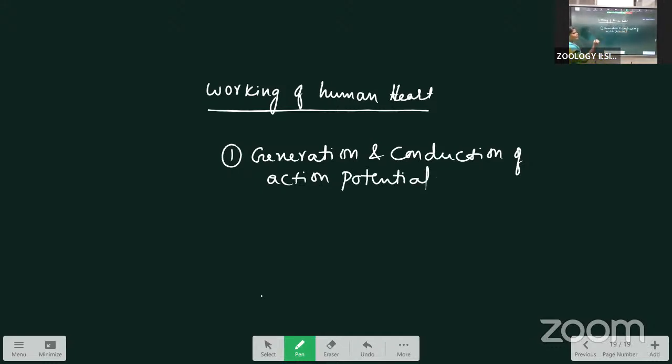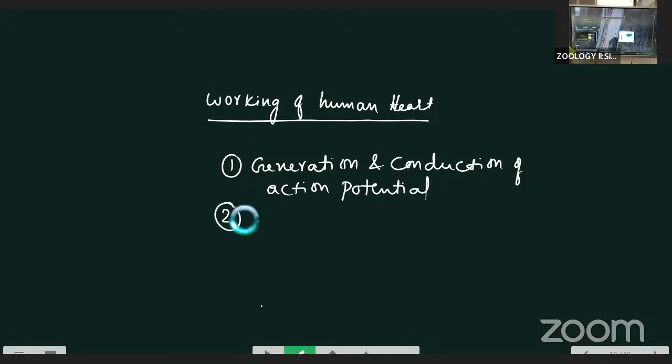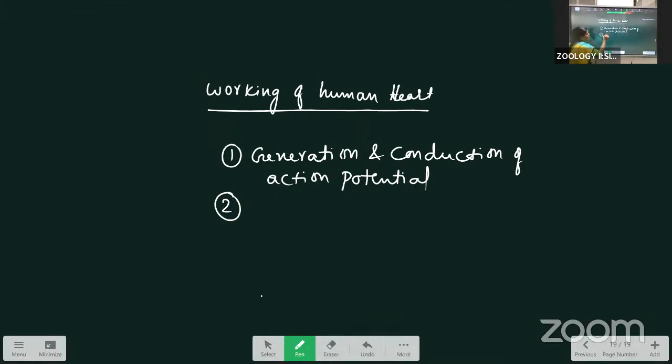Under the working of the heart, we discuss these four structures. The second is the cardiac cycle.